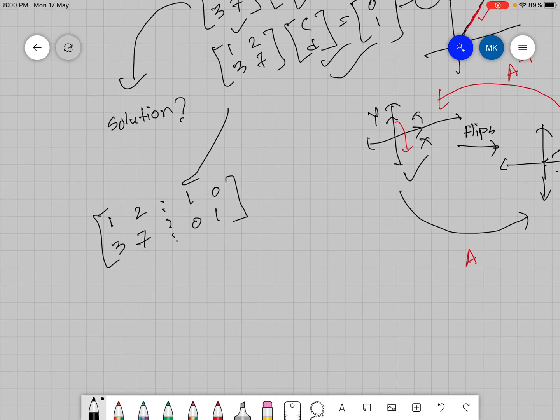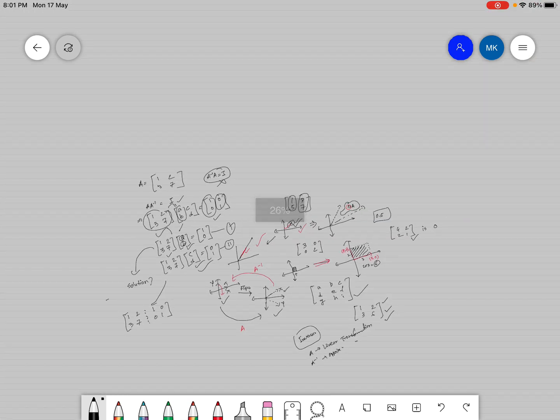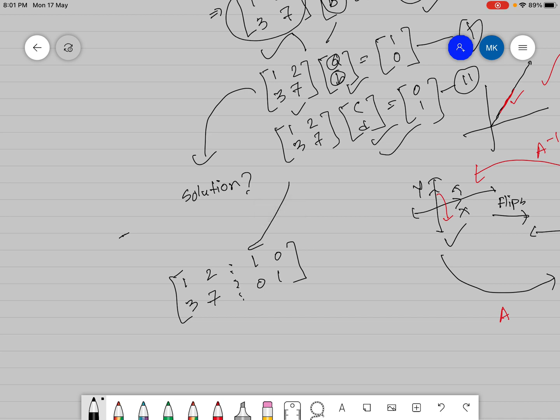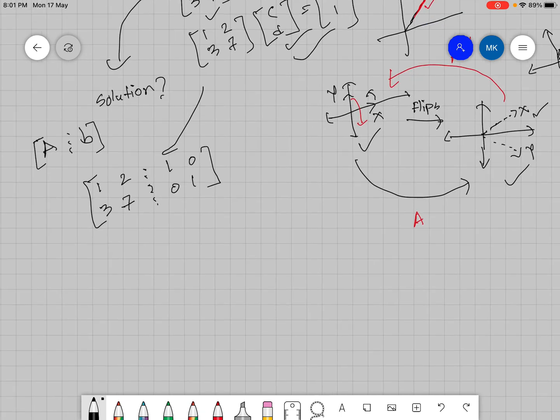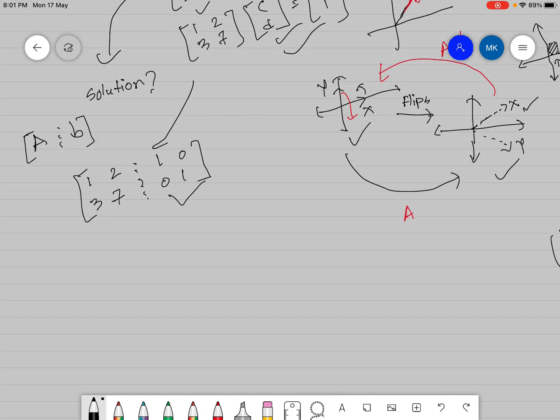If you could remember, the augmentation matrix was A B, A connected with B. So that's what I have done here. So I have to get a 0 here, and I'll have to get a 1 here.